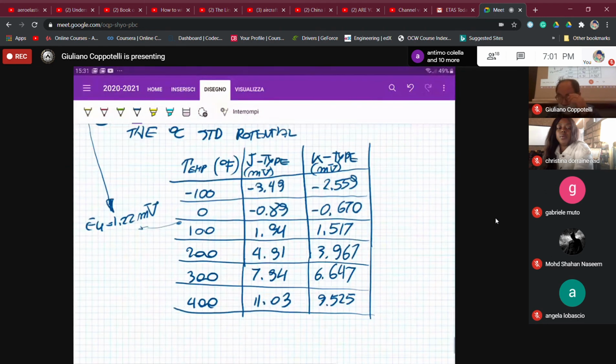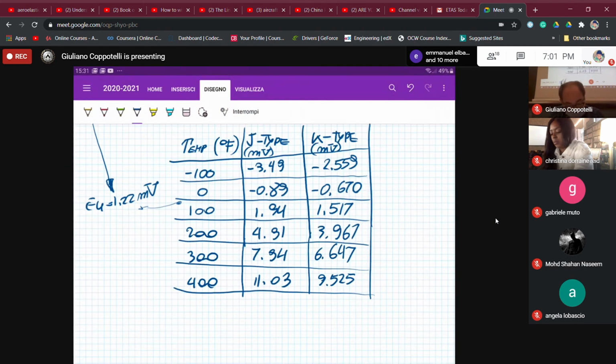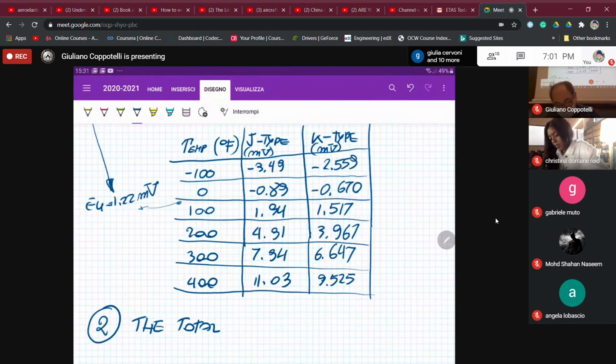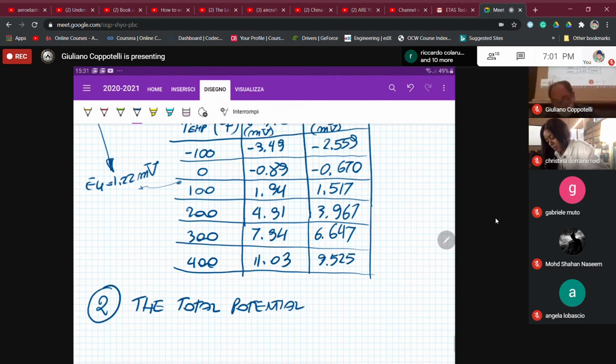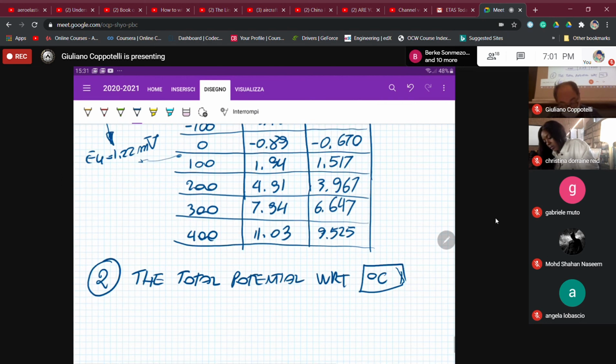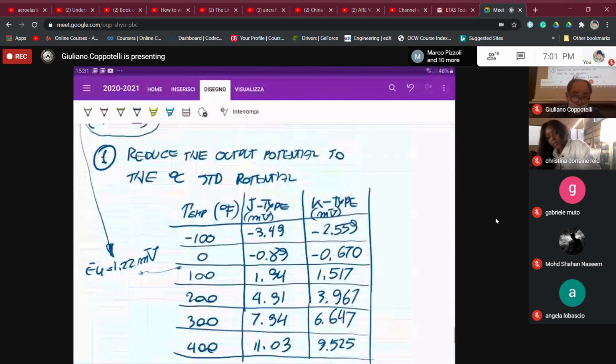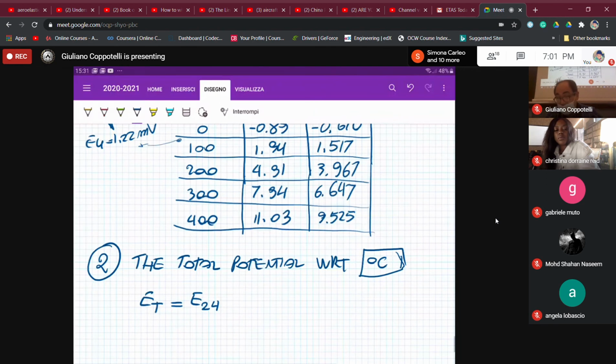Okay, so let me write the second step. Second step is that the total potential with respect to the 0 degree temperature, let me call that ET, total potential, is given by the potential at 24 degrees starting point, with respect to 0, plus the one that I measure, that I call EU.